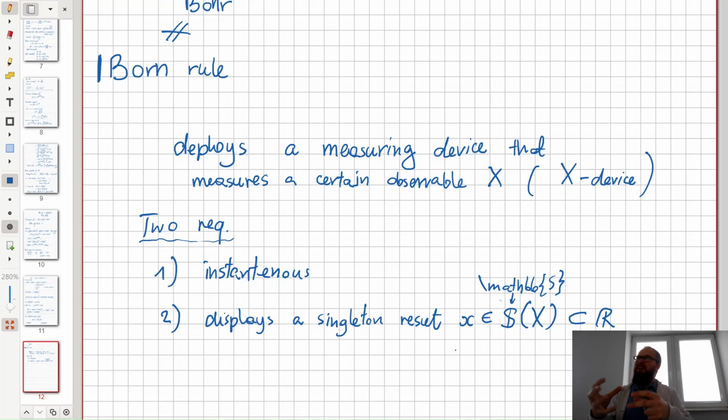This device can interface with a quantum system, but also with a classical human that looks at it and sees, oh, there is an X here. It's a device that operates between two regimes. So what is it? We don't talk about it.